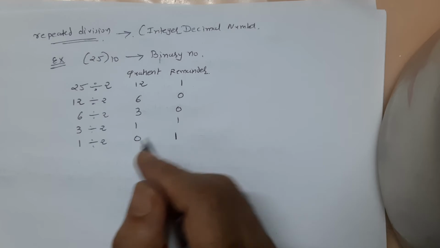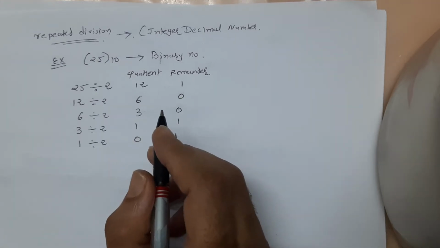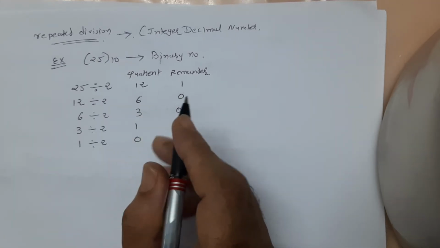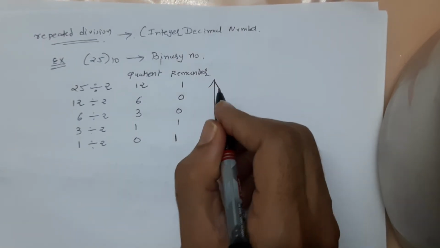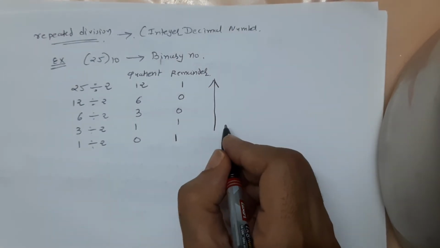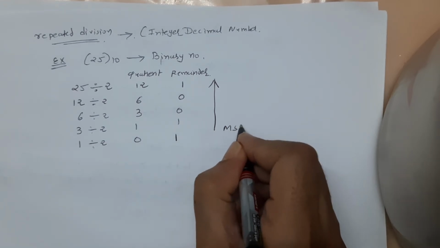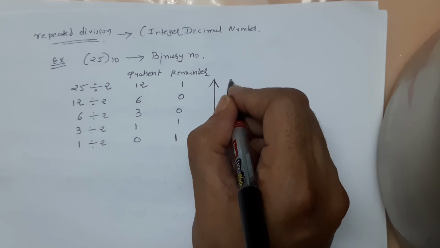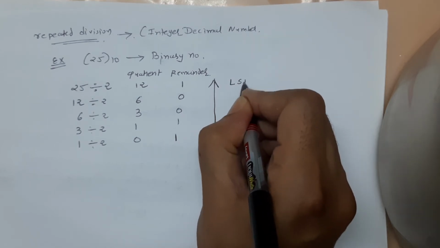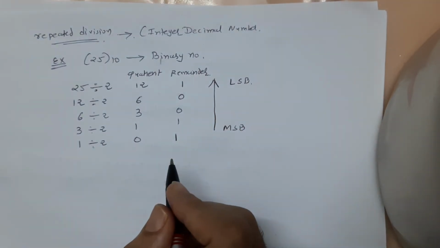Right? How to convert this into binary? So make an upward arrow. The lowest value is the MSB, most significant bit, and the highest value is the LSB, least significant bit.